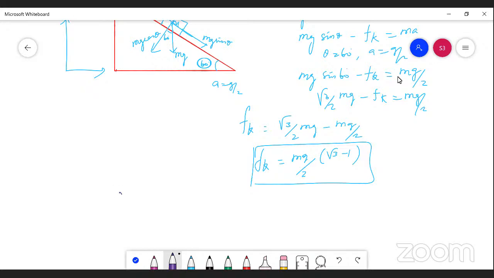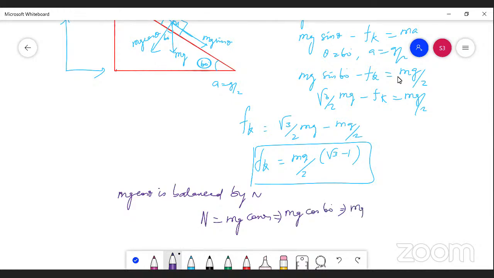So I can write here mg cos theta is balanced by N, the normal reactive force. So I can write here N is equal to mg cos theta, which is mg cos 60. Cos 60 is 1 by 2. So simply I can write N is equal to mg divided by 2.